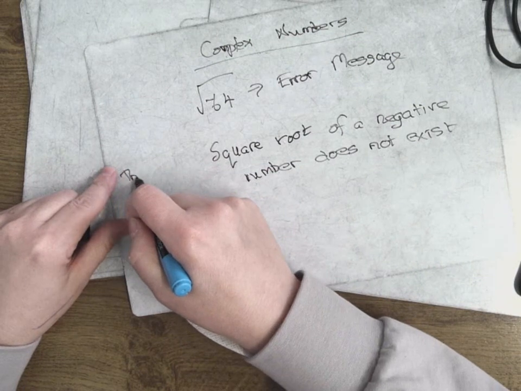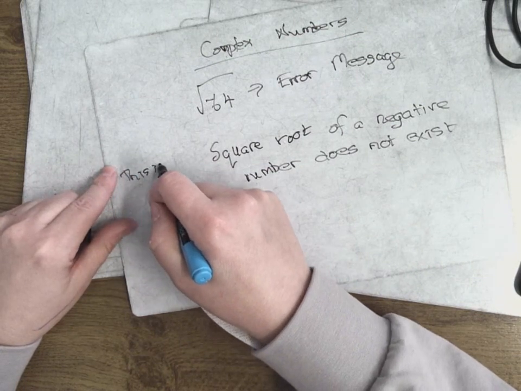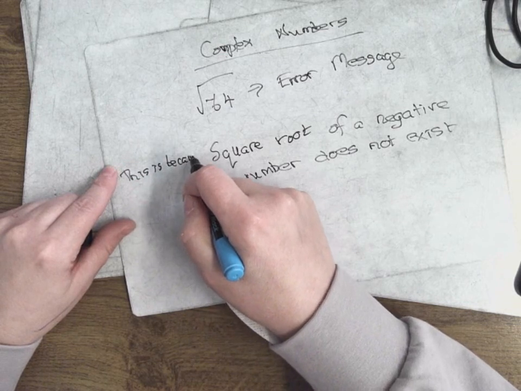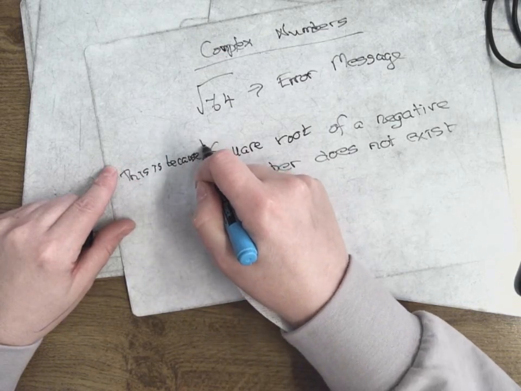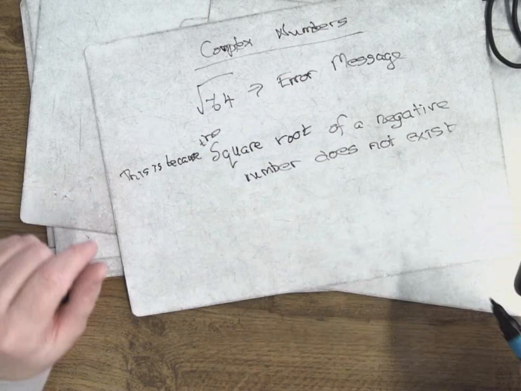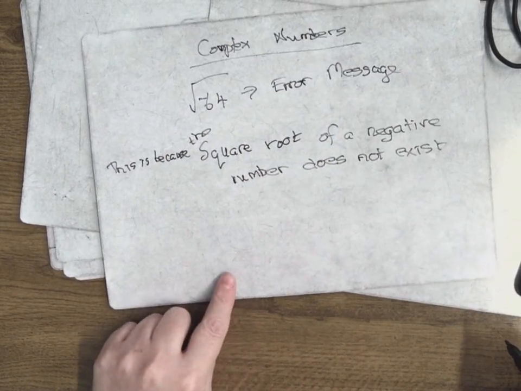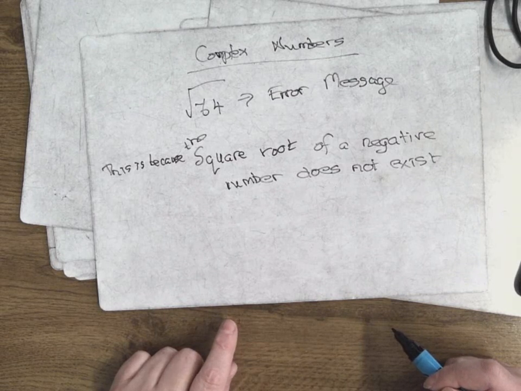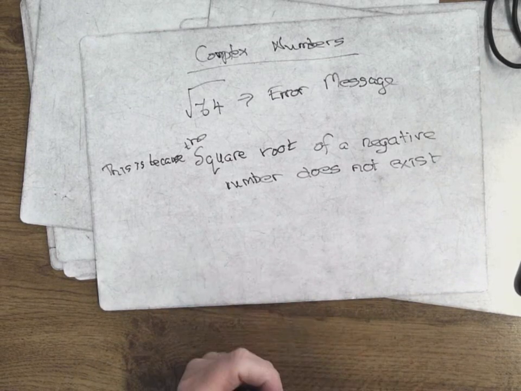This is because the square root of a negative number does not exist.